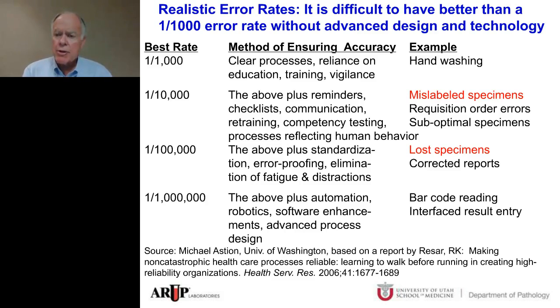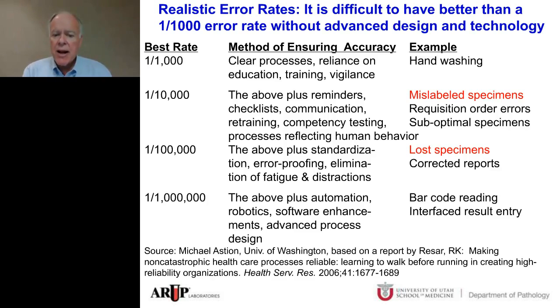There are numerous published reports of CAP Q-Probes studies that show error rates on the order of 1 in 2,000 or 1 in 3,000, or 1 in 1,000, and I even know of a report where the error rate for mislabeled specimens in blood banks in clinical laboratories was worse than 1%, 1 per 100. So I have simply moved mislabeled specimens up a grouping here to the 1 in 10,000.